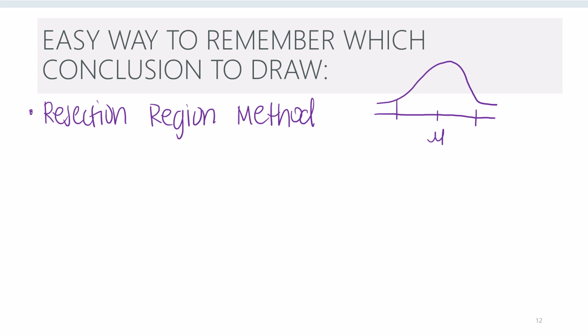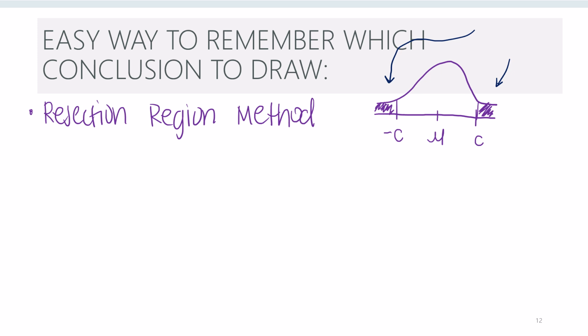You would have some critical value, we'll call it negative C, and some positive critical value. The tails would be your rejection region for a two-tailed test. And you calculate your sample statistic.